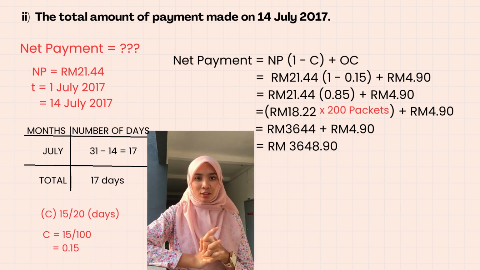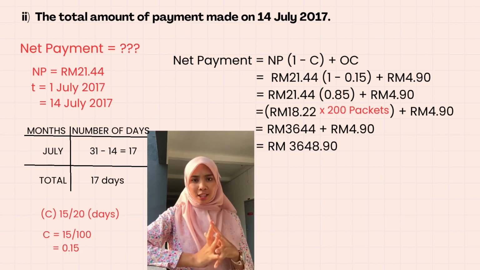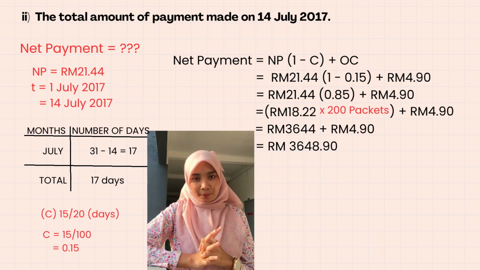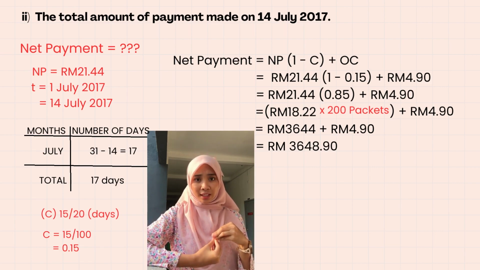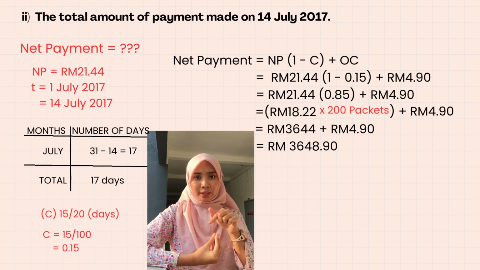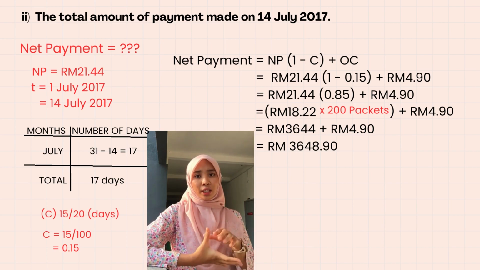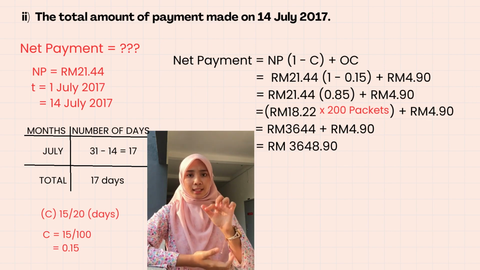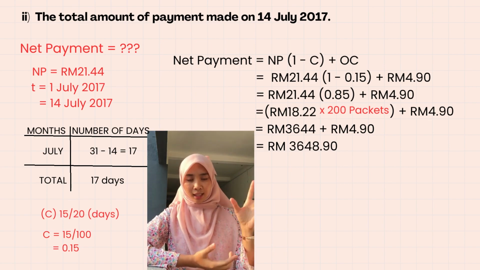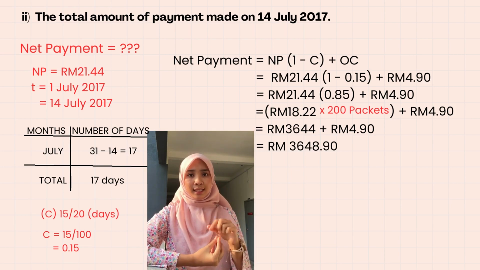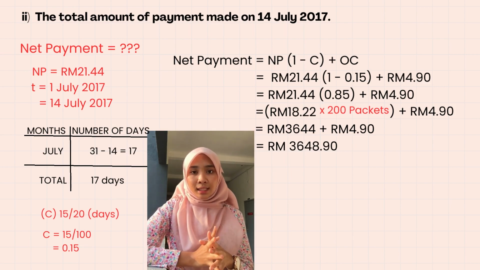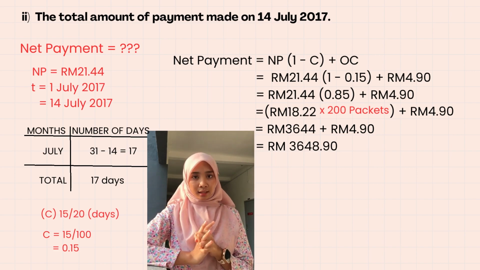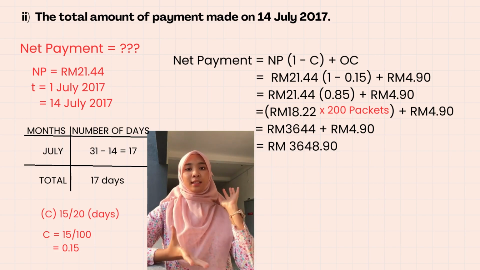After we get the total days, we must choose which cash discount terms we need to use. Based on the terms given, we will use 15/20. How do we know? 15 is the percentage of the discount and 20 is the number of days. Based on the total days we found just now, which is 17, we can use these terms because it is not more than 20 days.